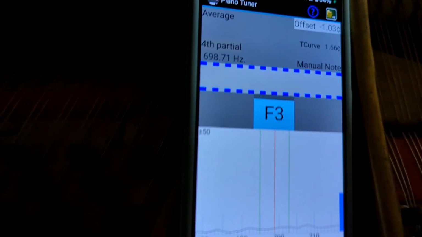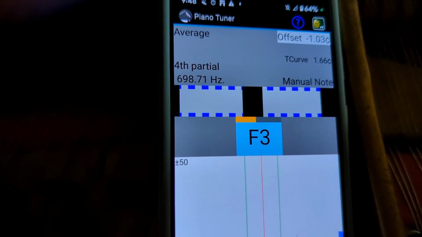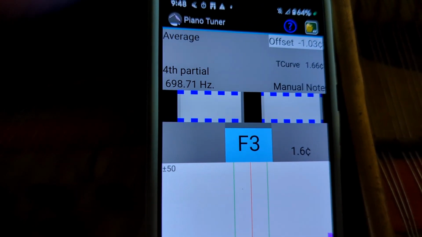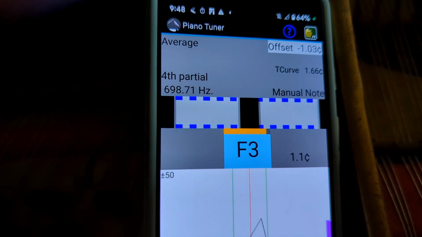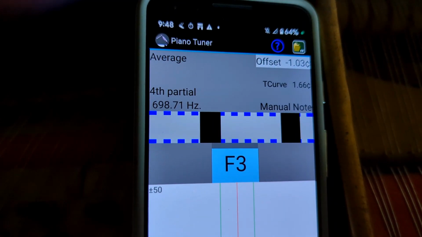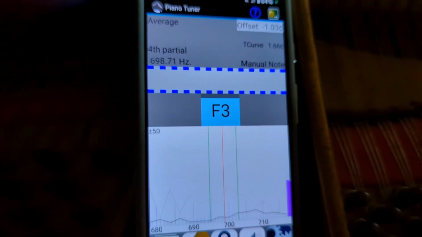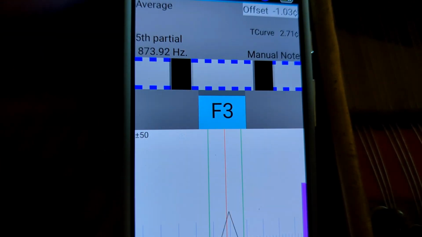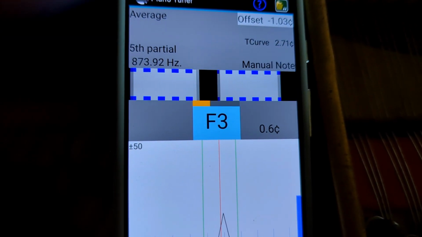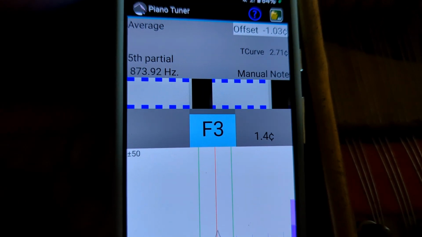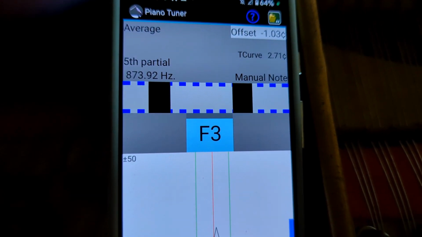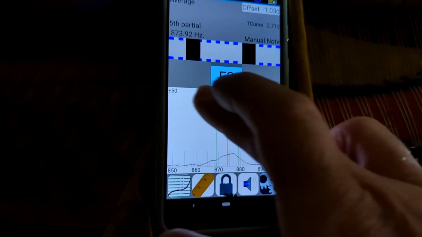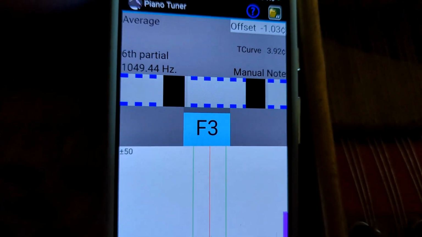Let's go up to the fourth partial. So by the fourth partial, there starts to be more of a deviation. Fifth partial. Let's go to the sixth partial.